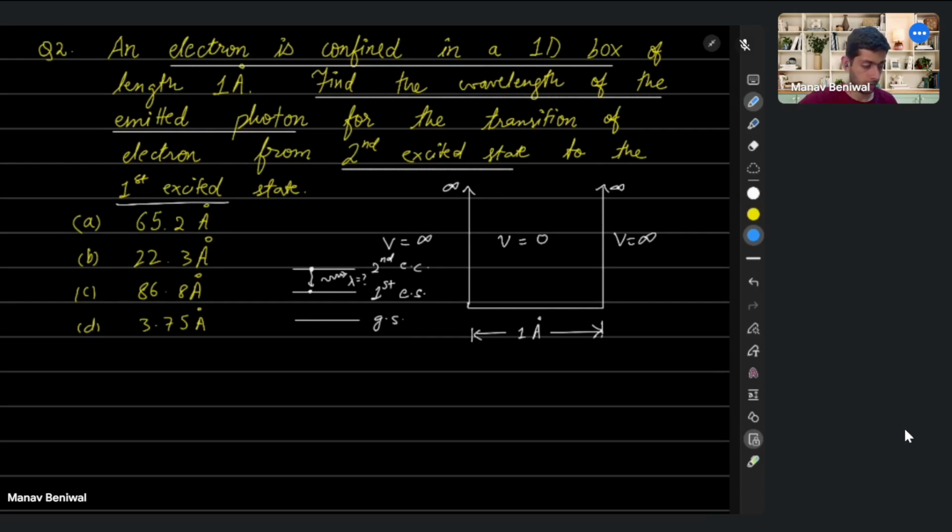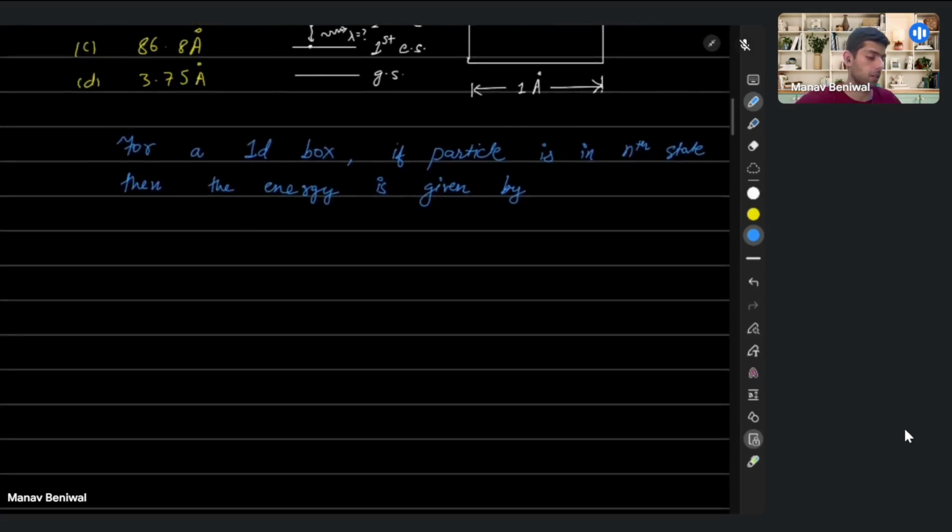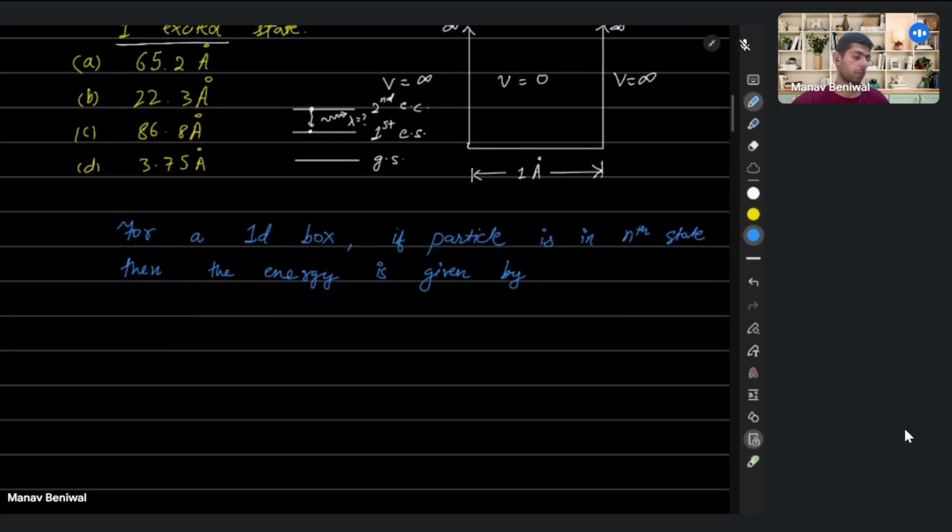Okay, so we know that for a one-dimensional box, if particle is in nth state, then the energy is given by, okay, so we just had a look in the previous question.